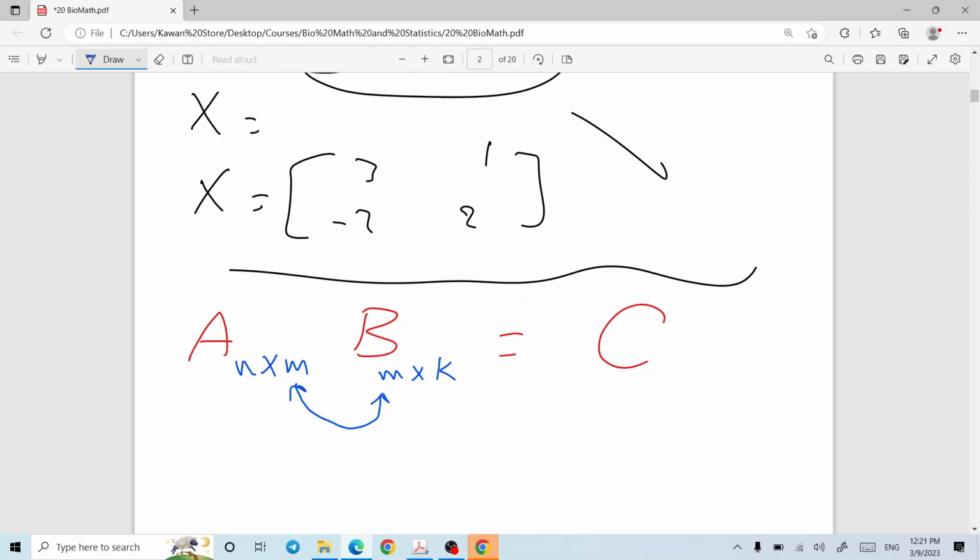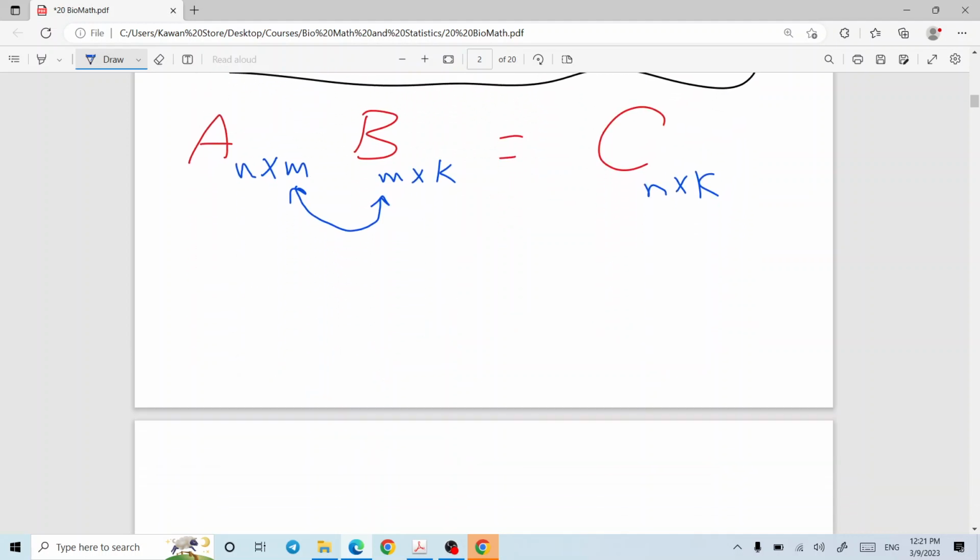Look at here, understood? These two numbers are the key. We don't care about n, we don't care about k for multiplication. Clear? And the result will be n by k. The result will be the farthest ones. So the nearest, the closest ones must match, then we will get the farthest ones. What do you mean by that?